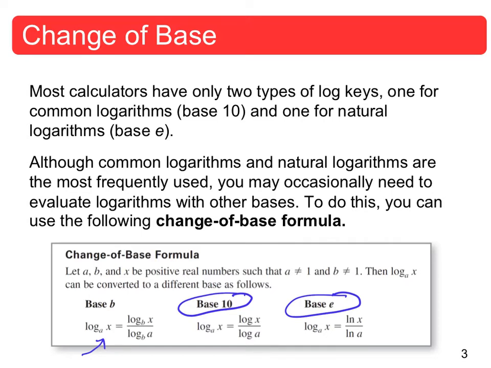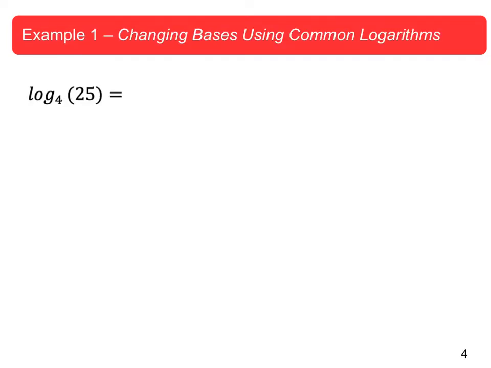So the change of base formula allows us to calculate logs when they are in a different base. So let's do this one. I have log base 4 of 25. What we can do is log base 10 of 25, and we don't have to write that base 10 in there because that's automatic, over log base 10 of 4.